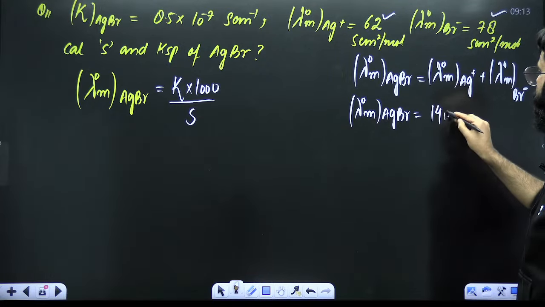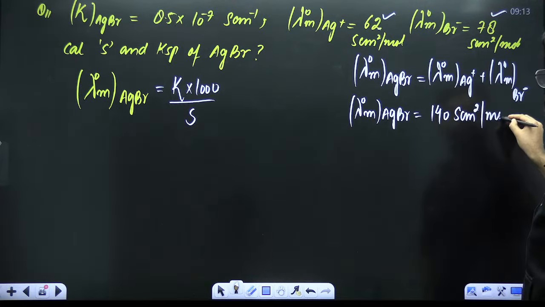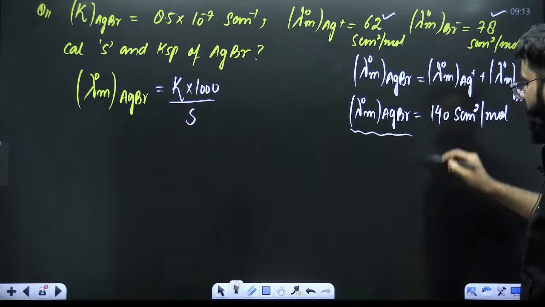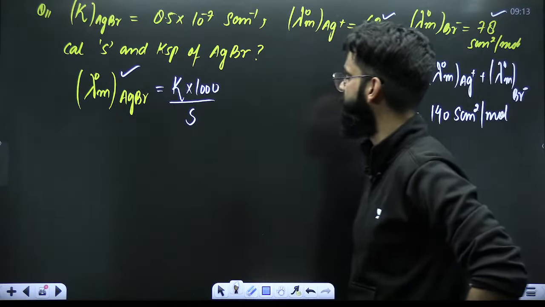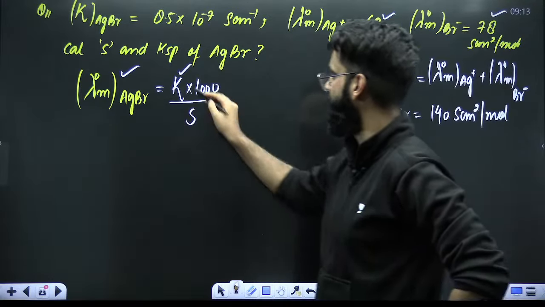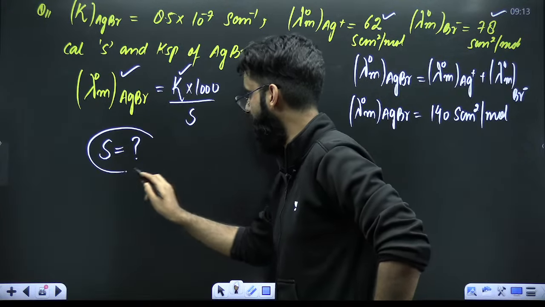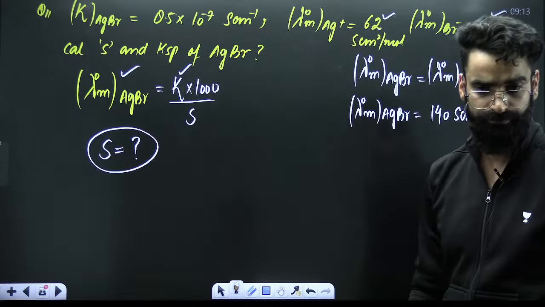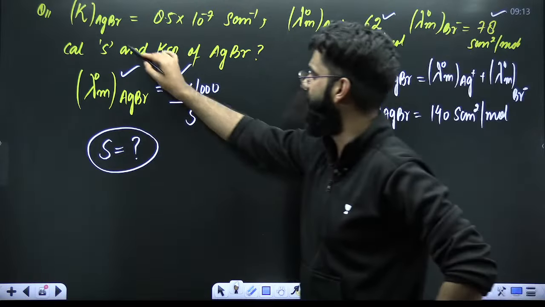That comes out to be 140 Siemens centimeter square per mole. So you got the molar conductivity at infinite dilution of AgBr. Conductivity of AgBr is given. So from this expression, you can easily calculate solubility, right? Perfect. Once you get the solubility of AgBr, you are done with one part of the question.